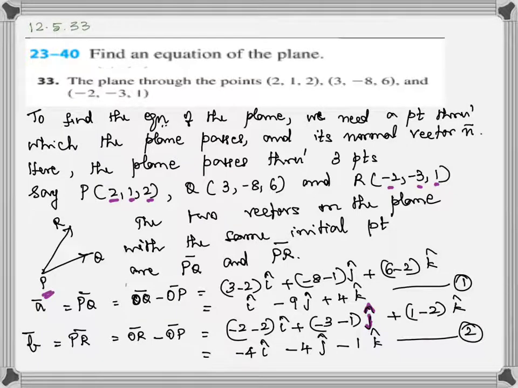If we take the cross product of these two, A and B, that will determine the normal vector, since any vector parallel to A cross B can be considered a normal vector. So A cross B is what we need to find.